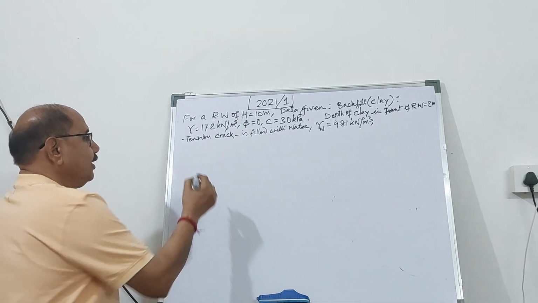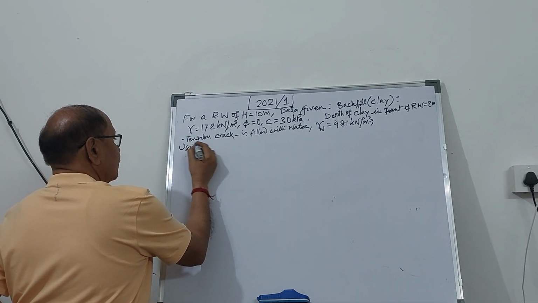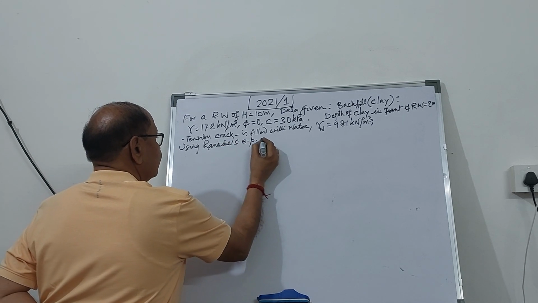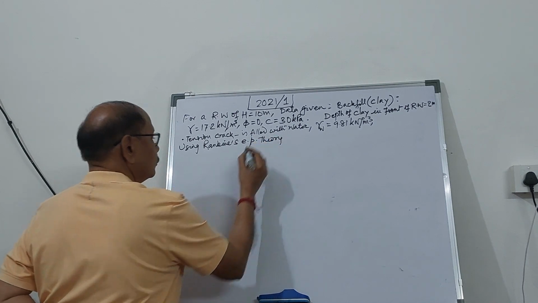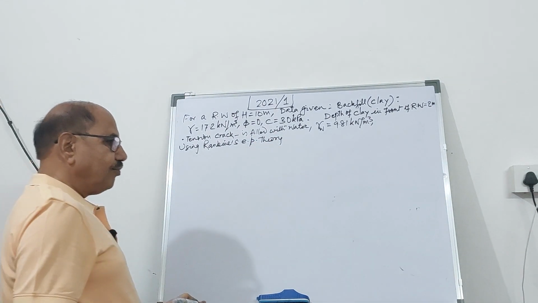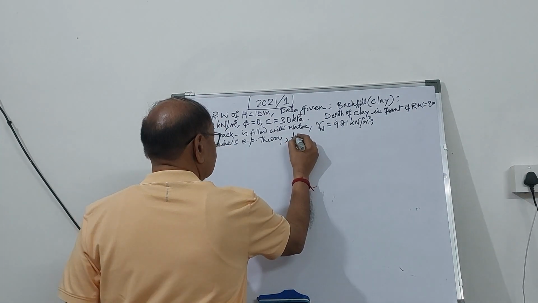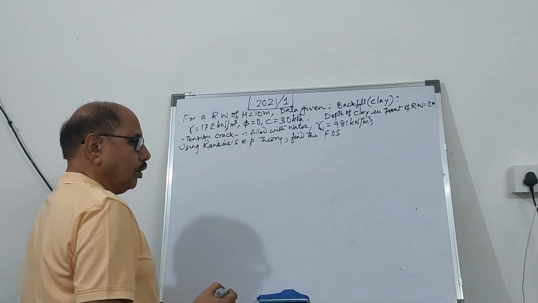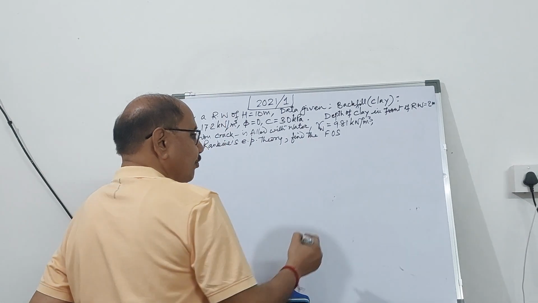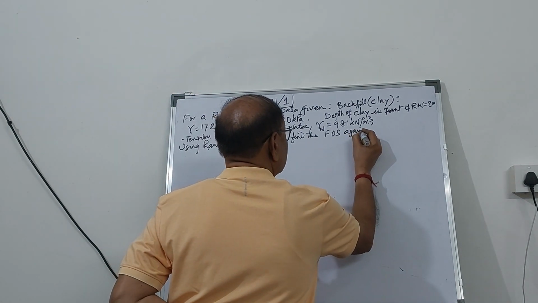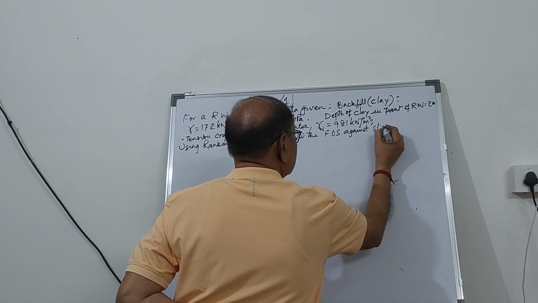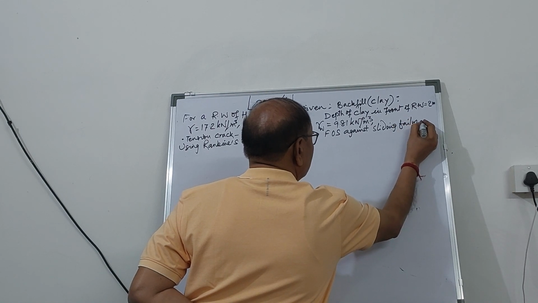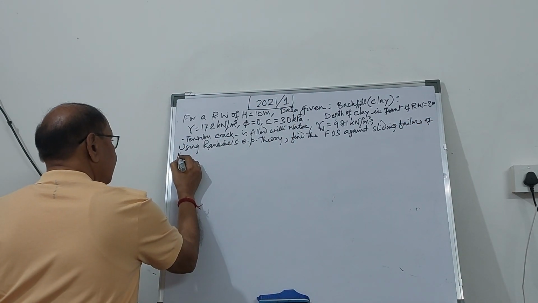So using Rankine's earth pressure theory, find the factor of safety against sliding failure of the retaining wall.